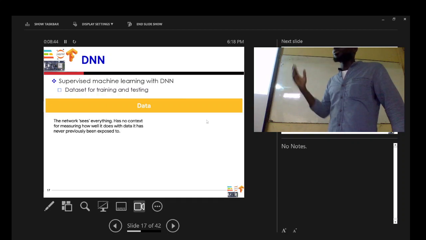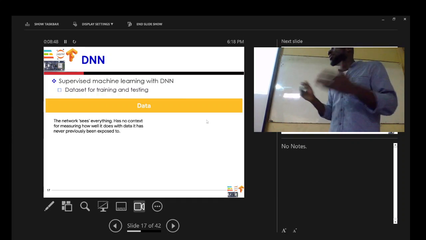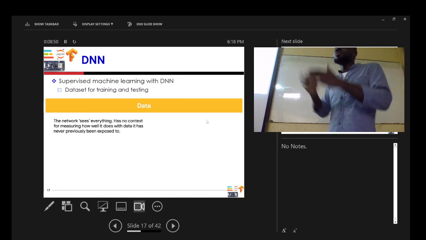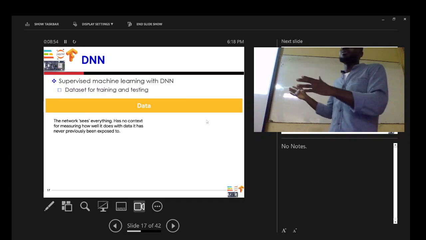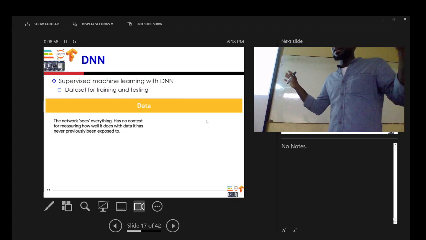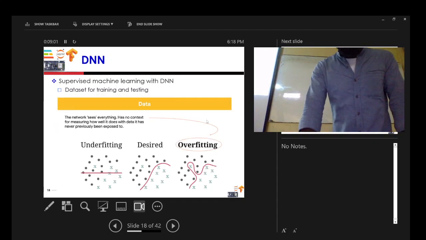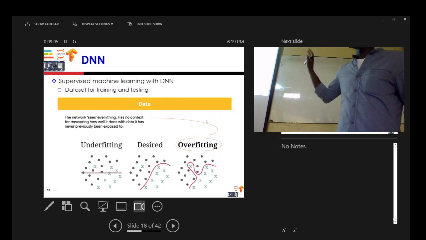There will be a lot of issues. So that's when you have to go and change your network again. If you train it with all your data and you think it's perfect, then you send it into the real world, it will fail miserably, because if it has not seen that kind of data, it won't be able to classify it. Right? So once you do that, we say that the network has overfit.